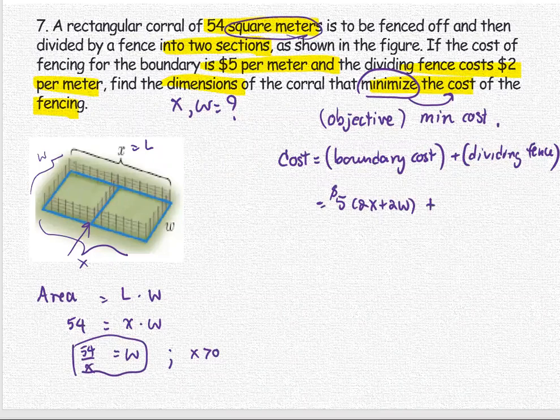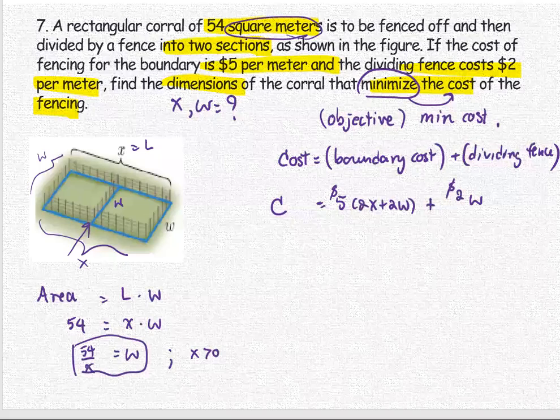And added to that, the dividing fence, because this is right in the middle and has the same dimension as the width. So the measurement would be w, and the cost of the dividing fence is $2 per meter. I use the notation C as the cost. Okay, this is the setup.